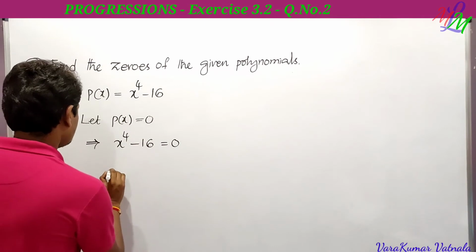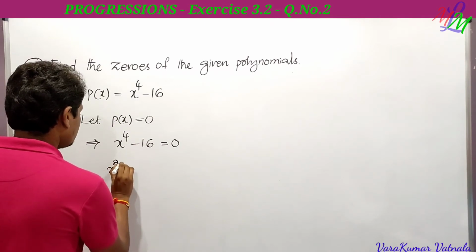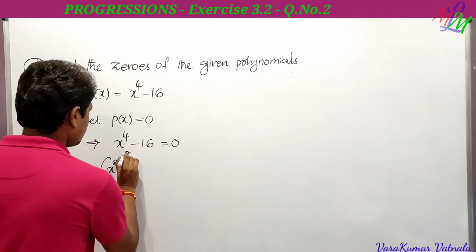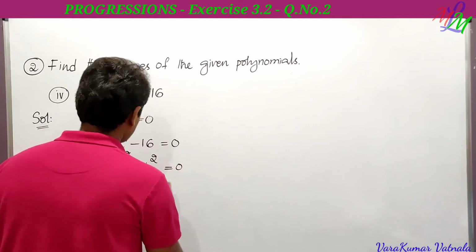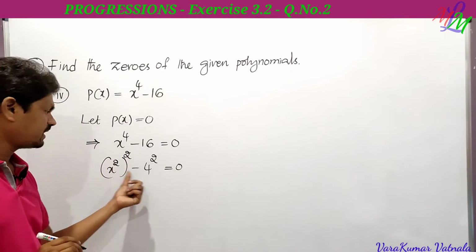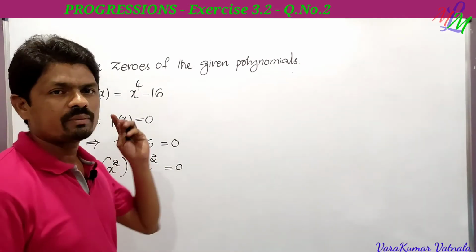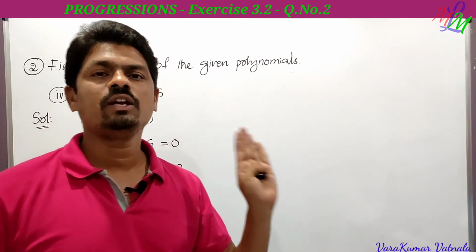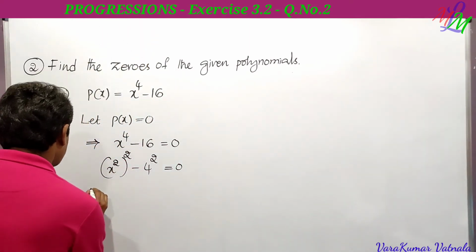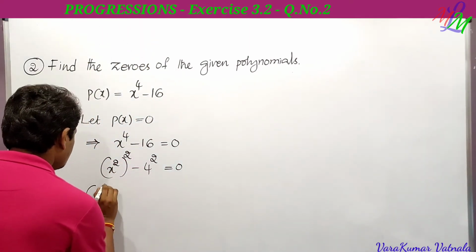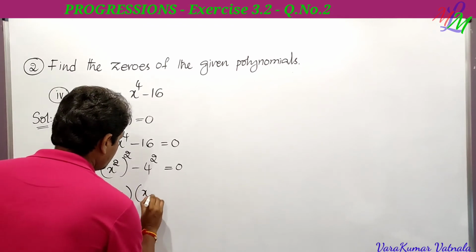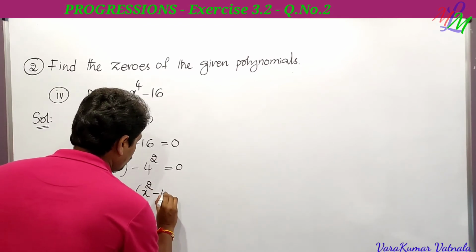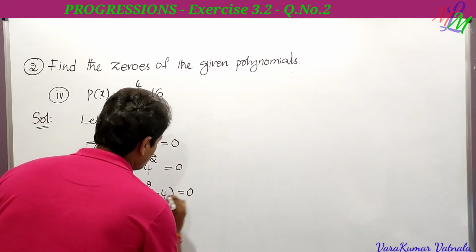Now this x to the power 4 I am writing as x square whole square minus 4 square is equal to 0. Now it is in the form a square minus b square. a square minus b square is equal to a plus b into a minus b. So a plus b is x square plus 4 and a minus b is x square minus 4, equal to 0.